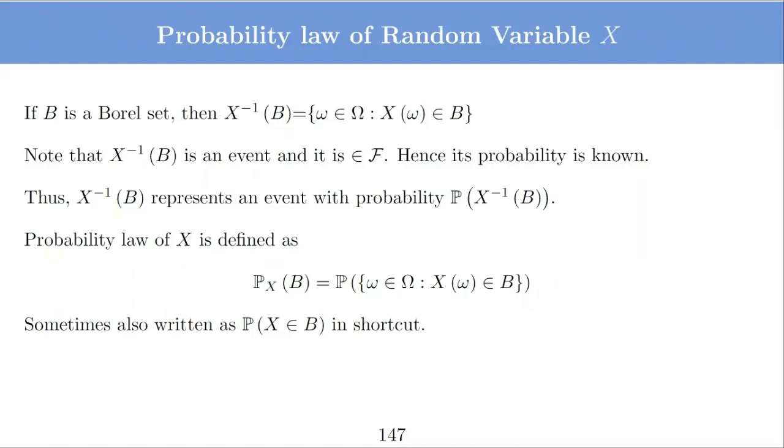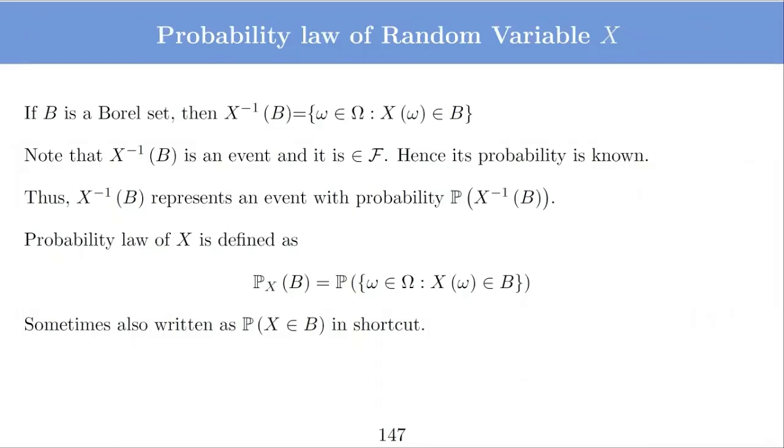What do I mean by a consistent way? So let us see this. Our goal is to assign a probability measure to the sigma algebra. So we notice first that if B is a Borel set, then X inverse B, which is the pre-image, is defined as the set of all outcomes which map to an element in B. So X inverse B is an event and it is in the sigma algebra because of the definition of random variables.